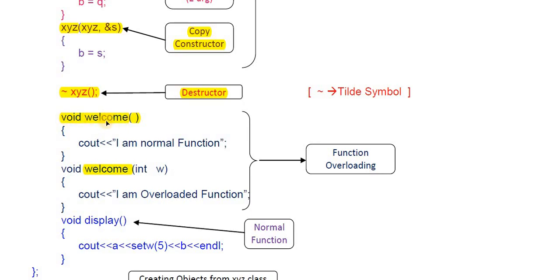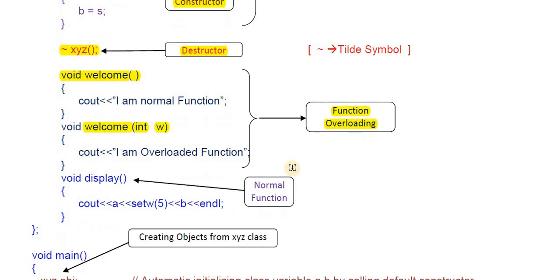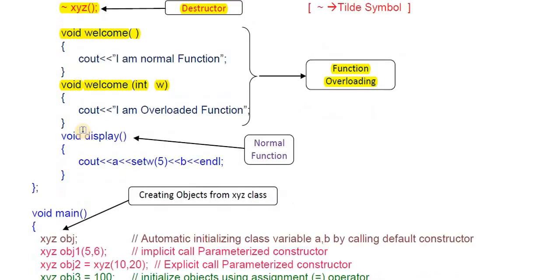So this is a normal function. But there are two functions, welcome, both having the same name, but different parameters. In the first welcome, no parameters, and in the second 1 parameter. So this is called function overloading. In a normal function a return type is used, and in constructors a return type is not used.